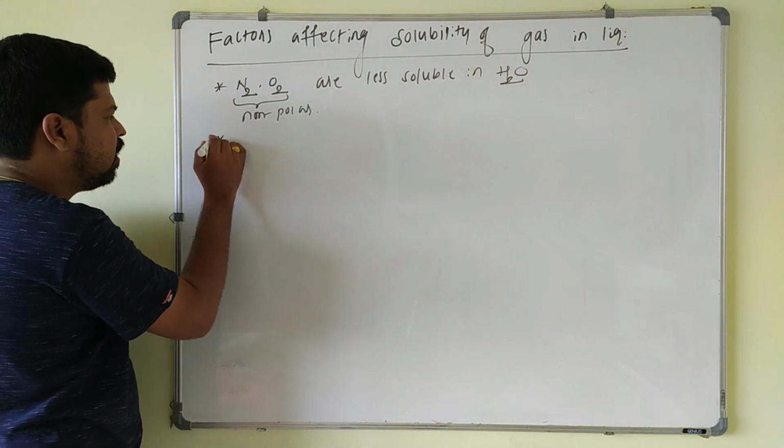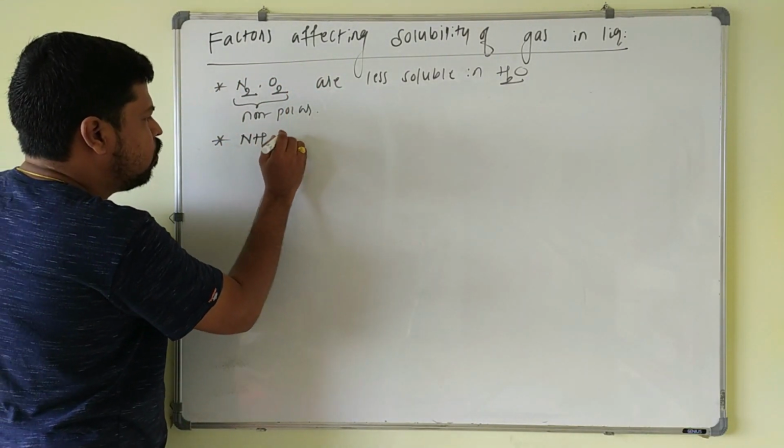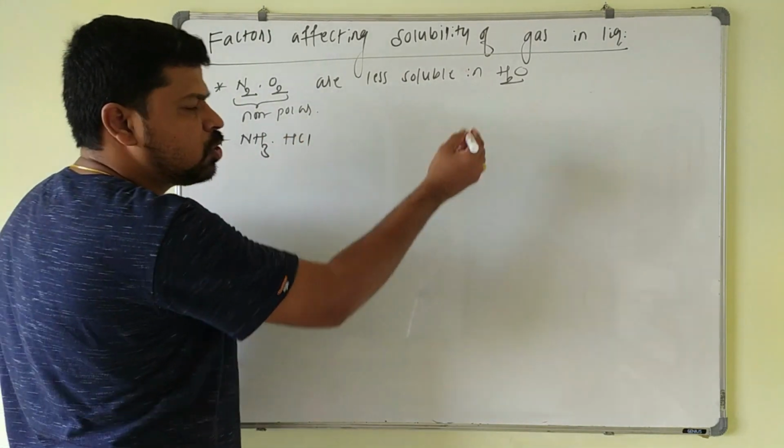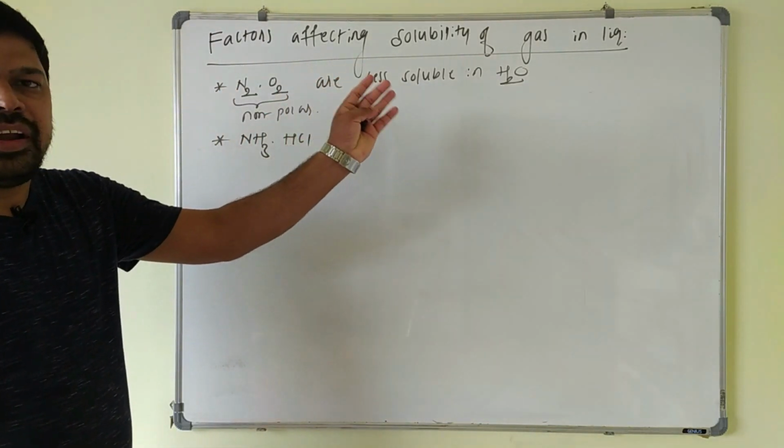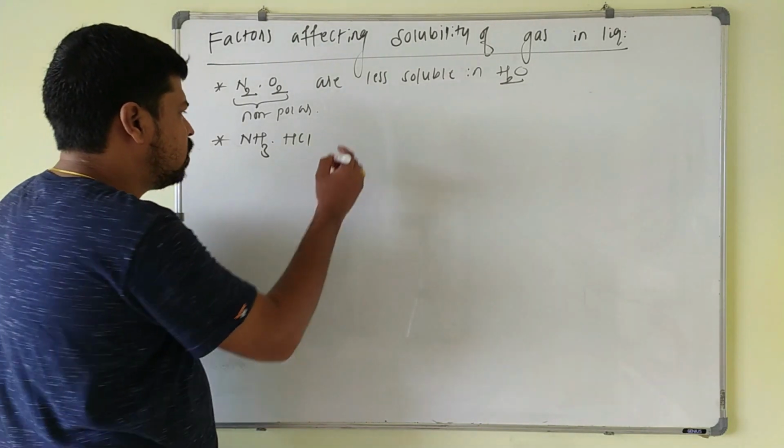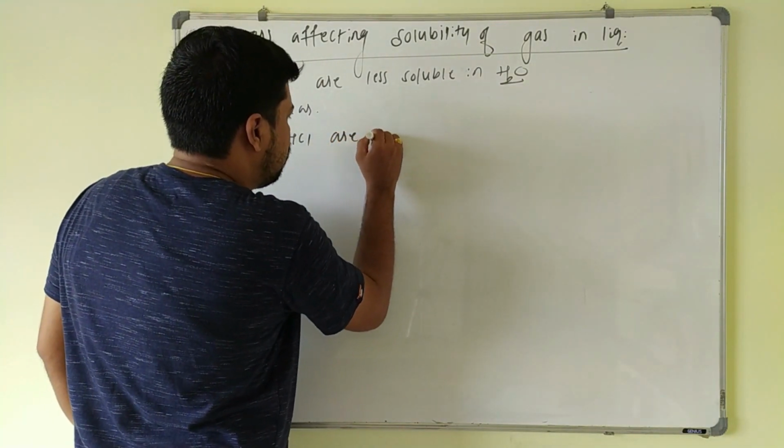Suppose you take polar gases like ammonia and HCl. These are more soluble in water because they are able to react with the water.